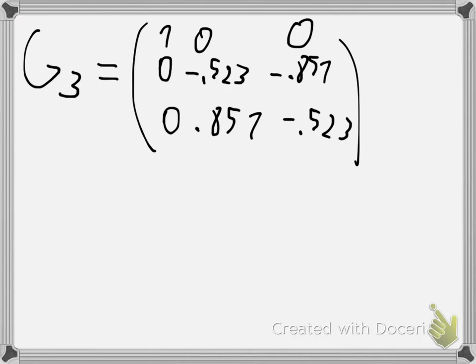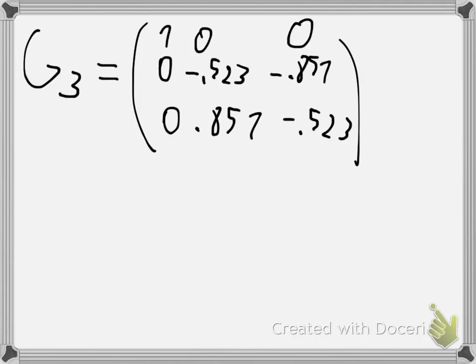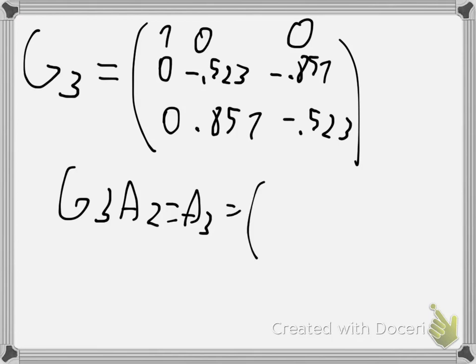So thus we need to rotate around the x-axis. Okay. So here is our third given rotation, and if we apply it to A2, we get A3, which is roughly 2.4400.